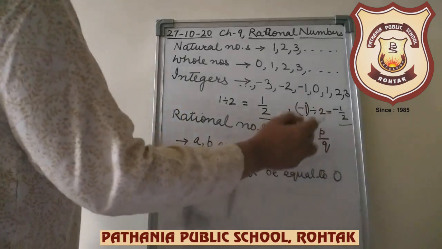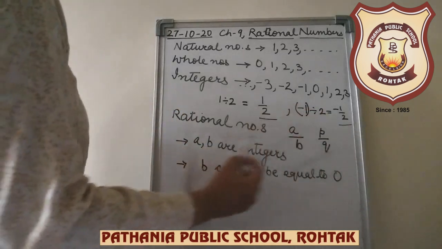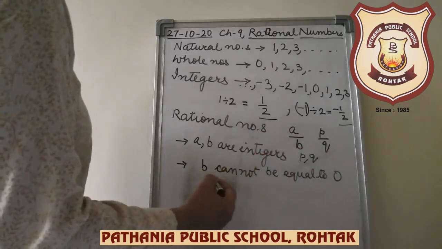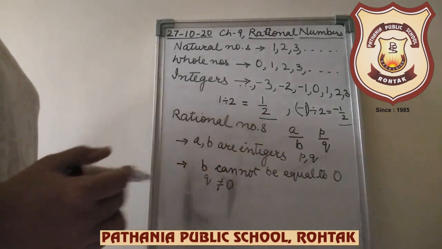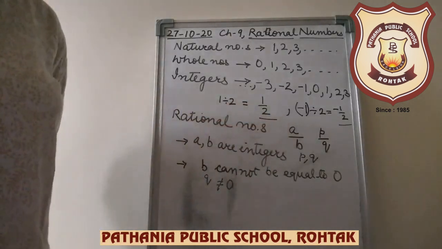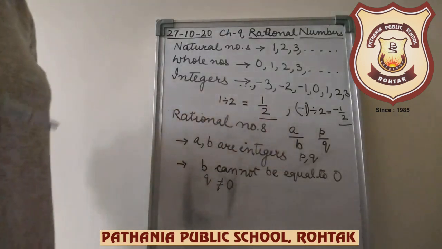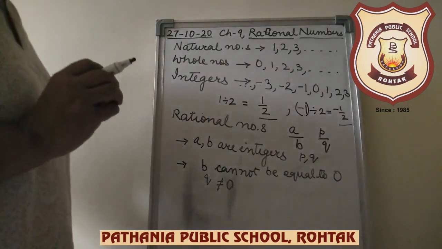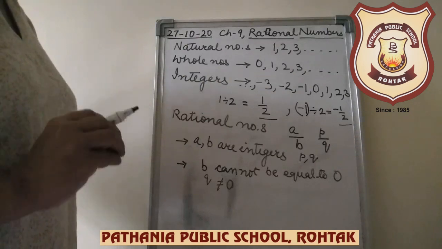In all the books, it will be written as p upon q, where p and q are integers and q is not equal to 0. Why have I written a upon b? Just to tell you that any variable can be used. So don't think that you have to use only p and q.